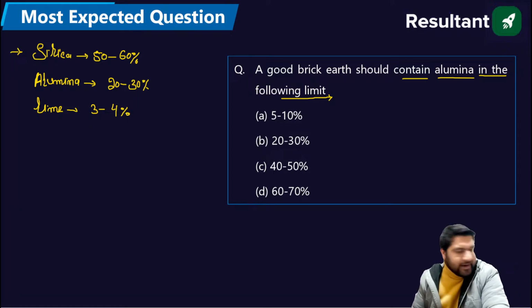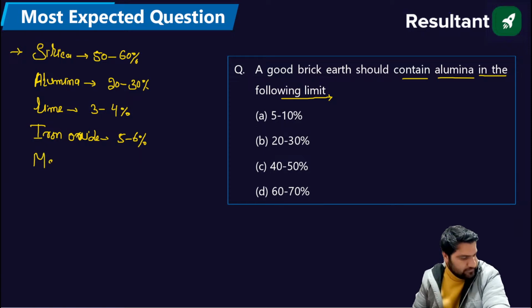And iron oxide is how much? The iron oxide is 5 to 6%. And the last, magnesia, is less than 1%.